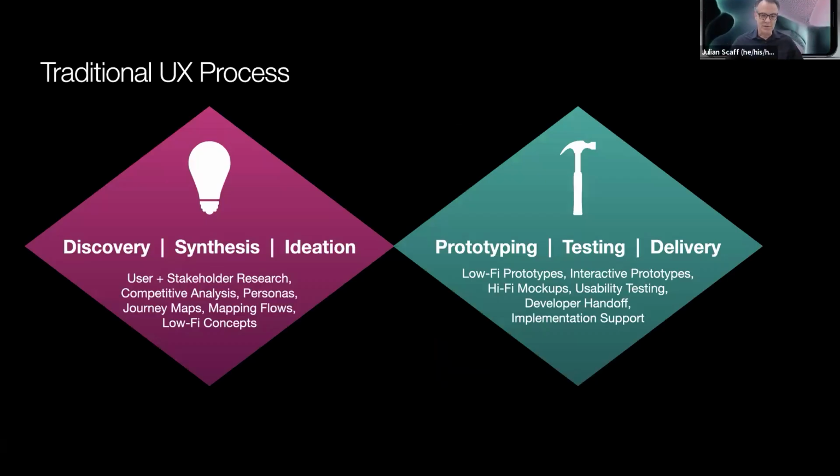Now, a lot of you, if you're designers, not even necessarily in UX but in adjacent fields like graphic design, product development, or brand design, are probably familiar with some version of the double diamond model of design processes. For UX design, this traditional double diamond model outlines a structured and phased process that starts with discovery and goes to delivery.